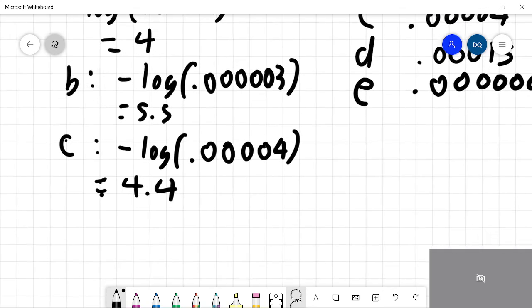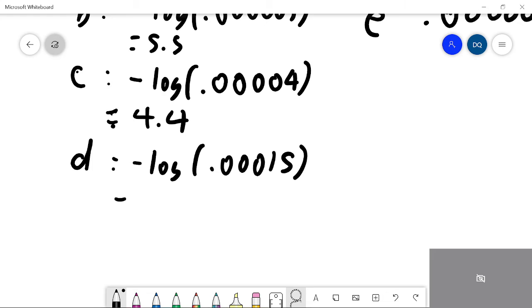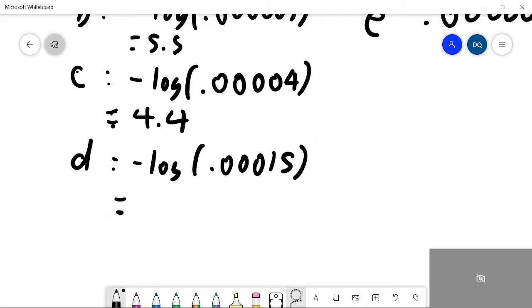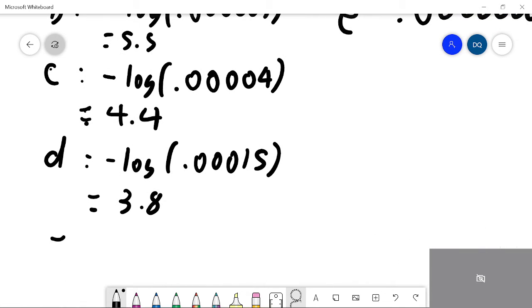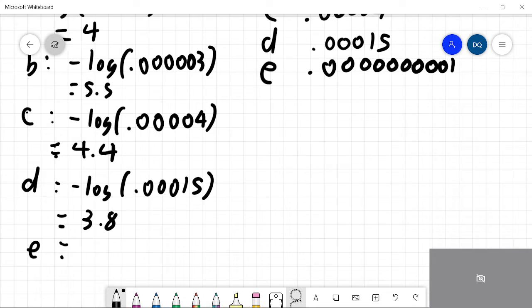And for D, the negative log of 0.00015 is positive 3.8. And finally for E, this is the number that would be the hardest of all of those to fit on there.